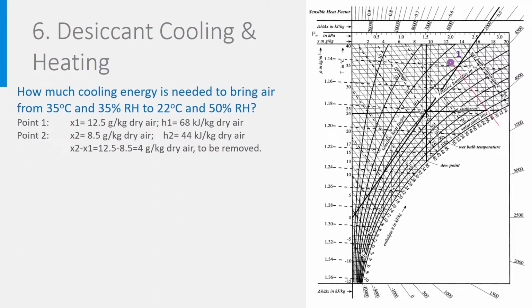Point 2, 22 degrees and 50% relative humidity is here, with absolute humidity 8.5 gram per kilogram. So, to go from 1 to 2, we need to cool and to remove water vapor from the air. The quantity of water vapor that must be removed is 12.5 minus 8.5 equals 4 gram water vapor per kilogram dry air.